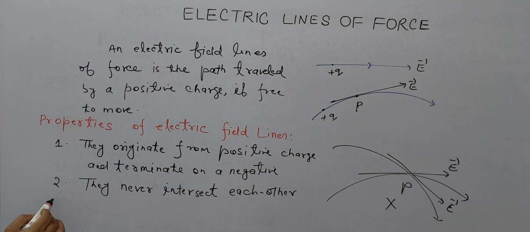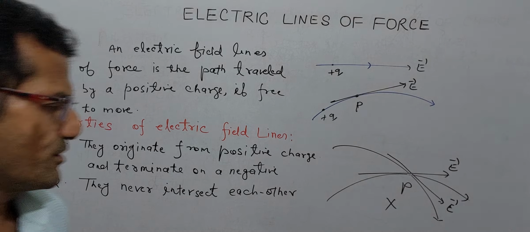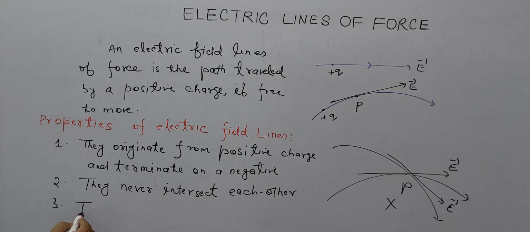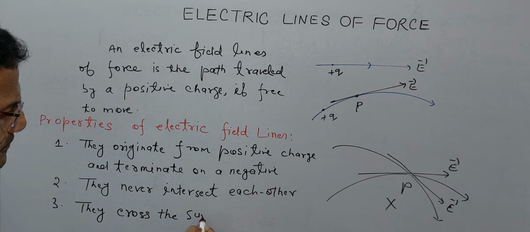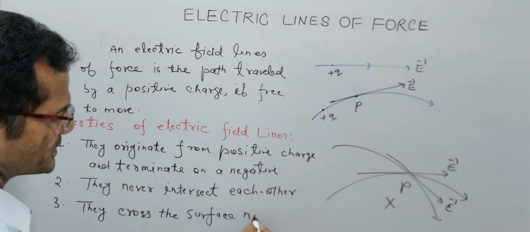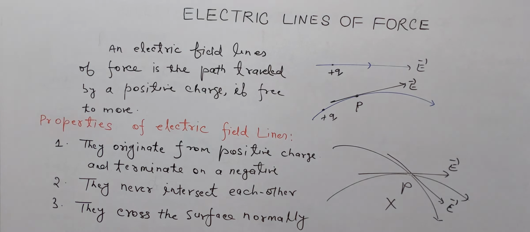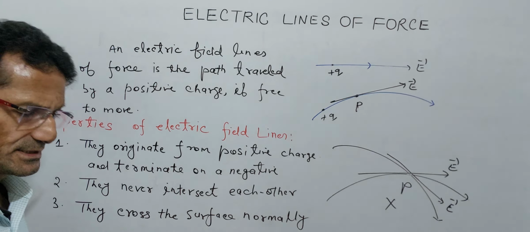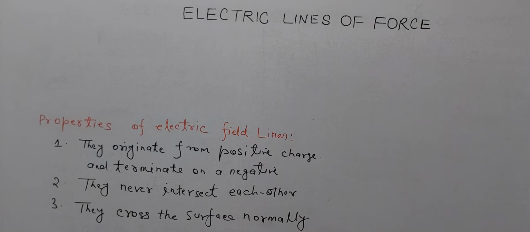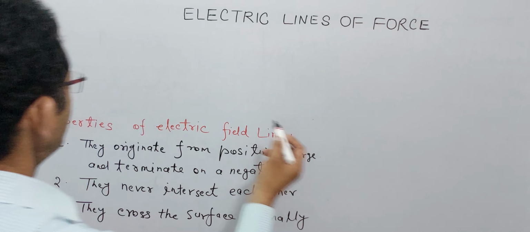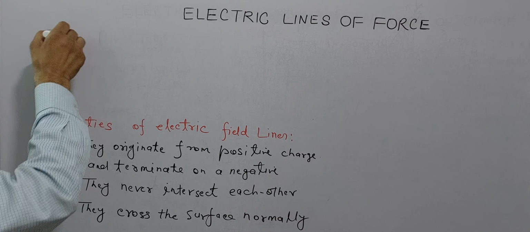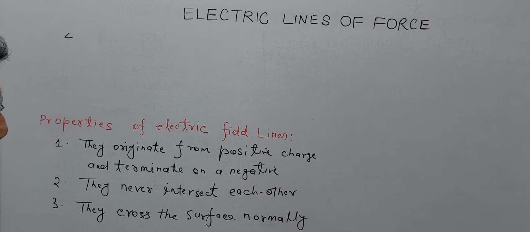Now the third point: they cross the surface normally. Surface means like a conductor. Now property number 4, we can define they cross the surface normally.